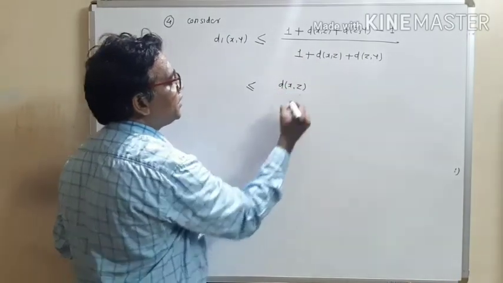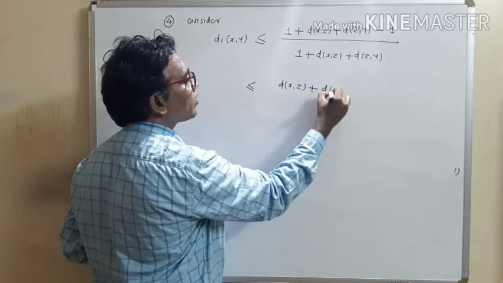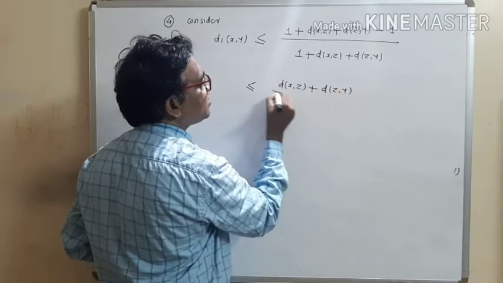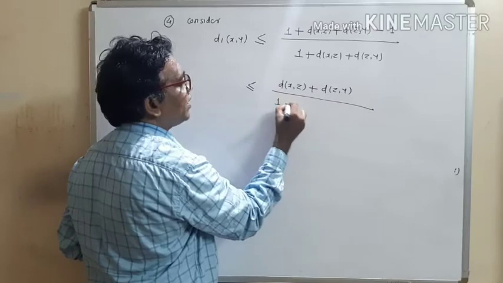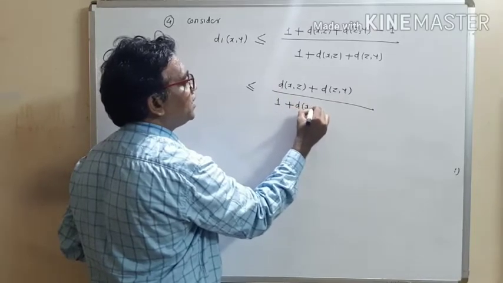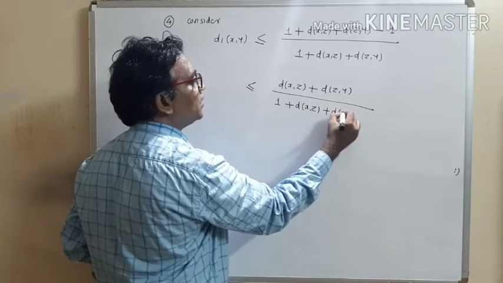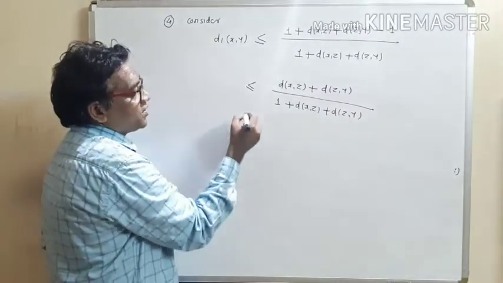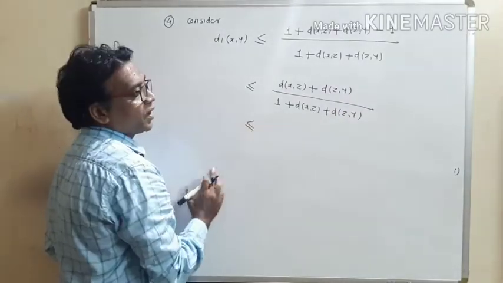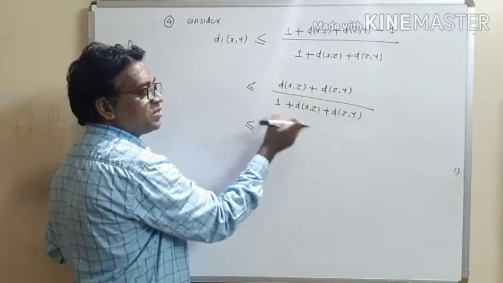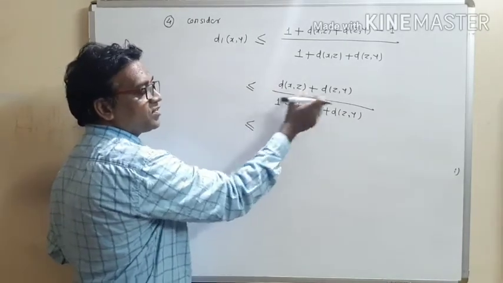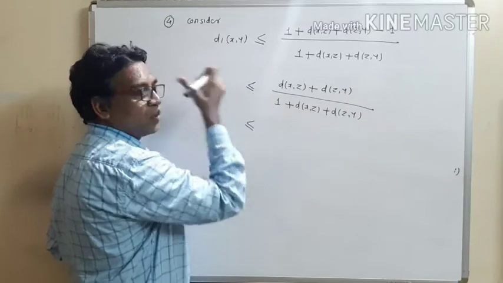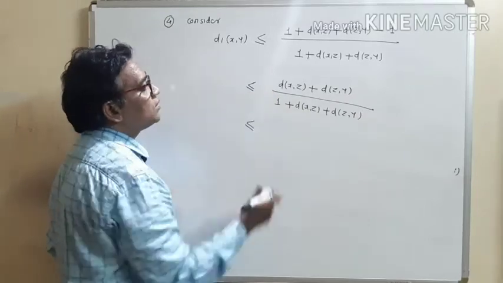This is d(x,z) plus d(z,y) divided by 1 plus d(x,z) plus d(z,y). So just separate this term: d(x,z) divided by the total term plus d(z,y) by the total term.